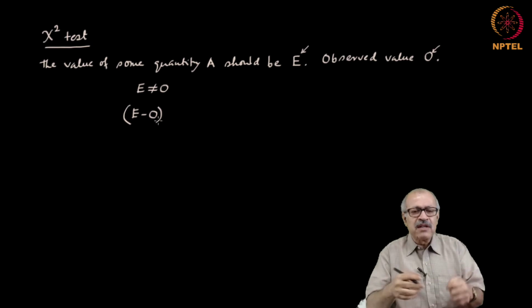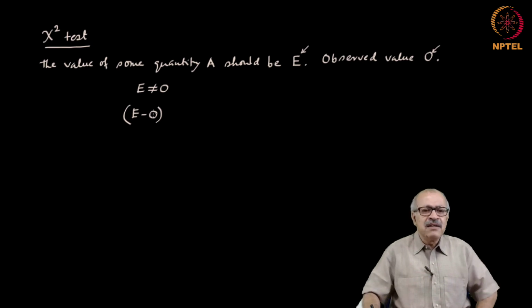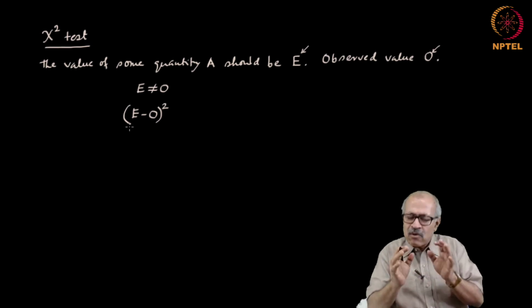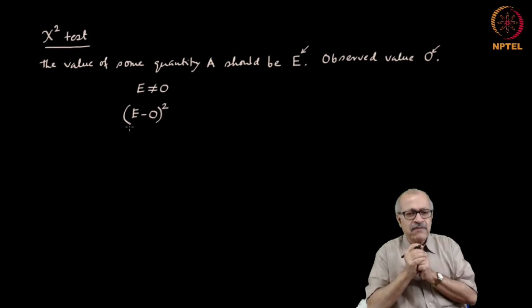Or more accurately speaking, I would not like the quantity here to be negative. Let us try to get something positive. So, let us put a square here, so that this number is a square, a positive number, and that positive number should behave like a random variable.